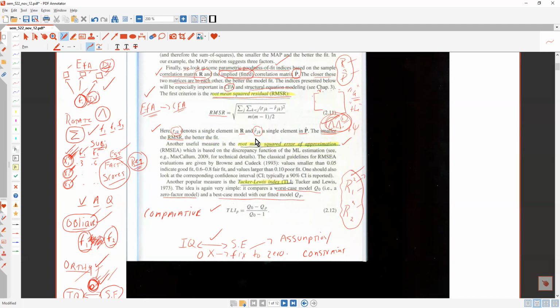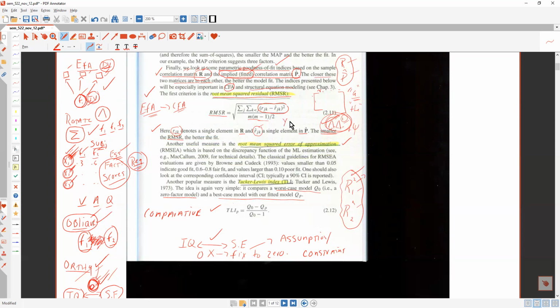Fitted is probably a better word here in terms of factor analysis. Usually when we talk about predicted, you think about it in terms of regression. So what's the fitted or implied value for that correlation, that single element here? And you can see what it's doing. These are just the variables, but the important part here is observed minus fitted.